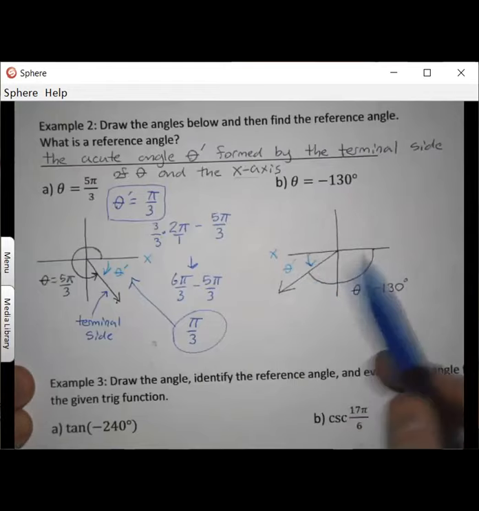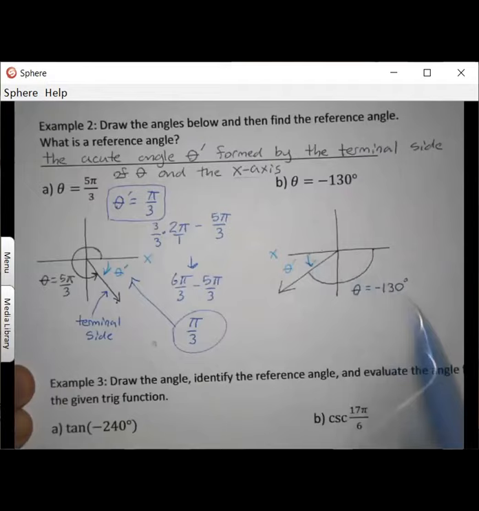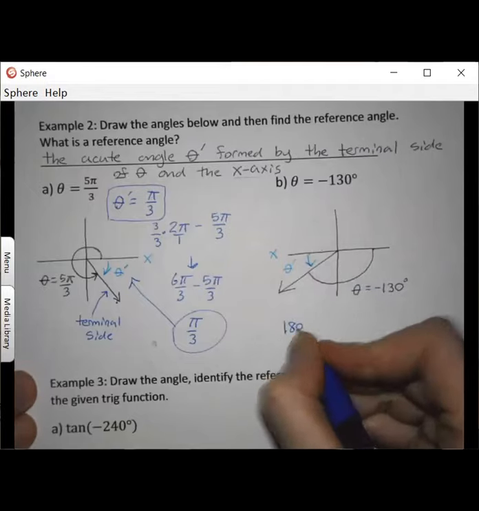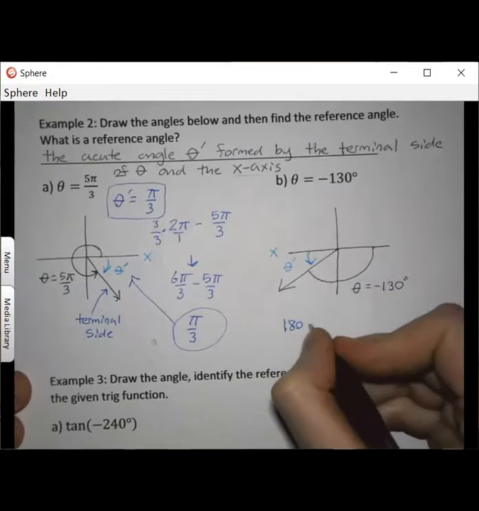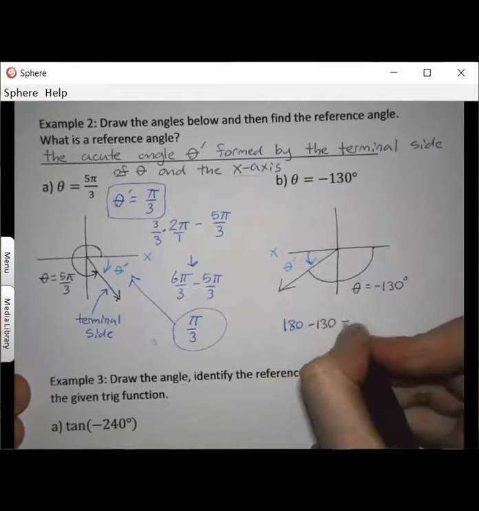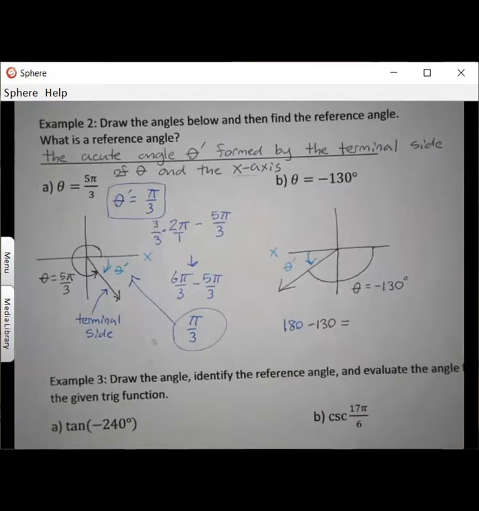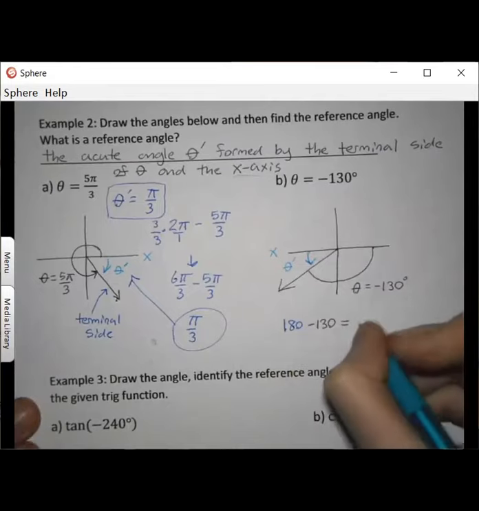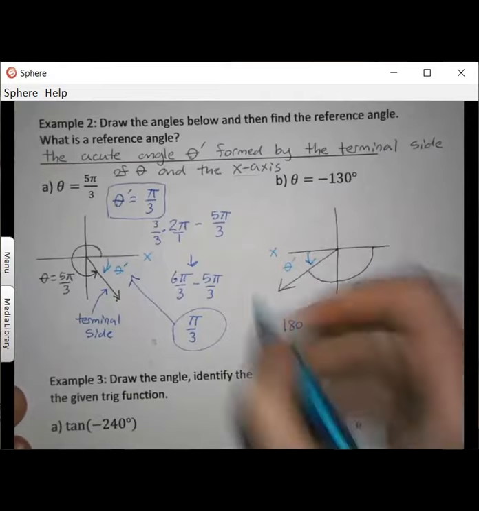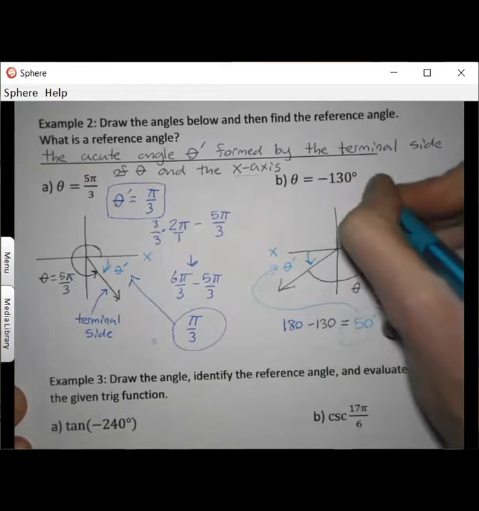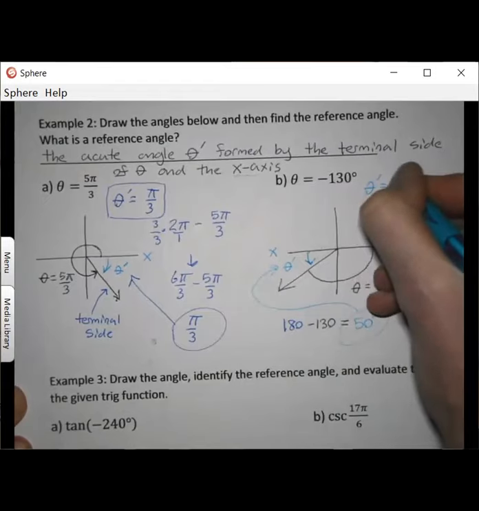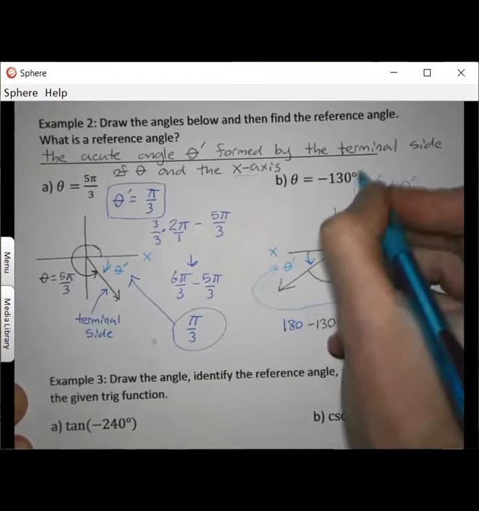If I take away my 130, I'll be left with my reference angle. I can say 180 minus 130 will give me 50 degrees, which is going to be my reference angle. Theta prime is 50.